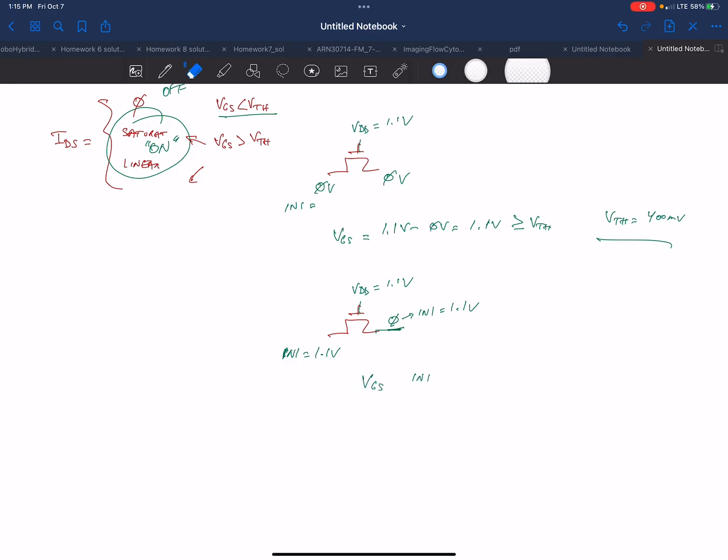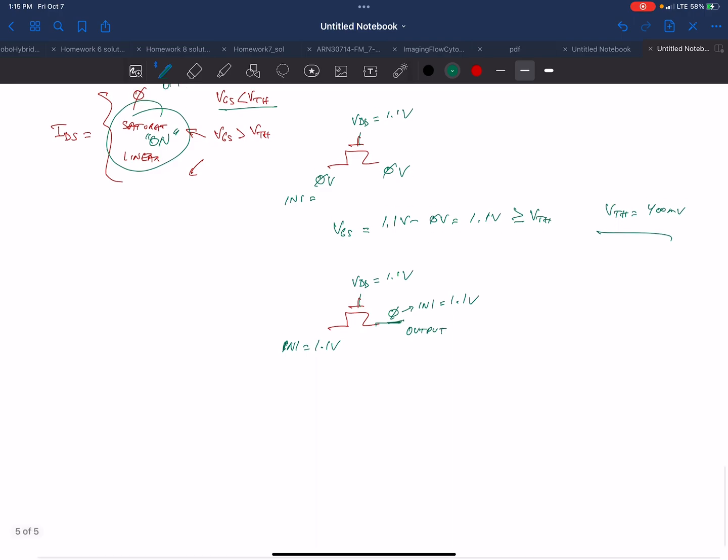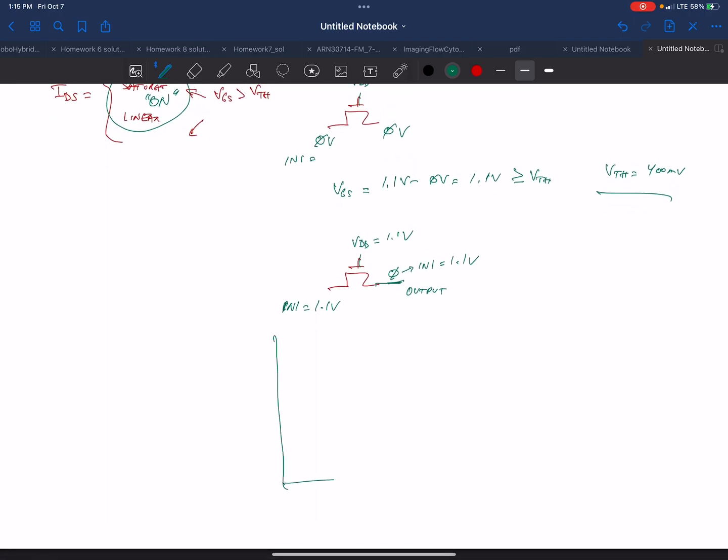So let me actually, it's easier for me to draw it with respect to time. So I'm going to call this output. With respect to time, I'm going to draw V out, and I'm going to draw V gate source minus VT.